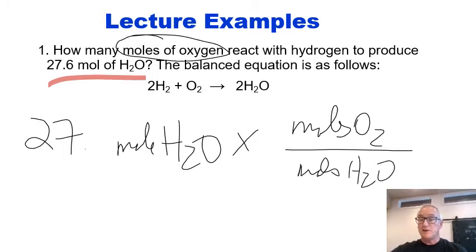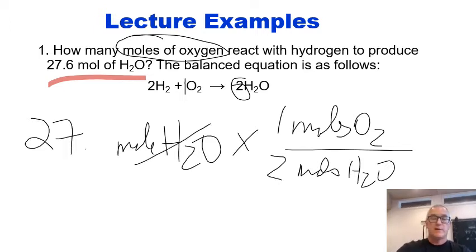So what is the ratio of oxygen to water? For that, I look at the balanced equation. And it says for 2 moles of water, there is 1. And when you're writing a balanced equation, you never include the 1. The 1 is assumed. If it doesn't have any number there, that number is assumed to be 1. So 2 moles of water for every 1 mole of oxygen.